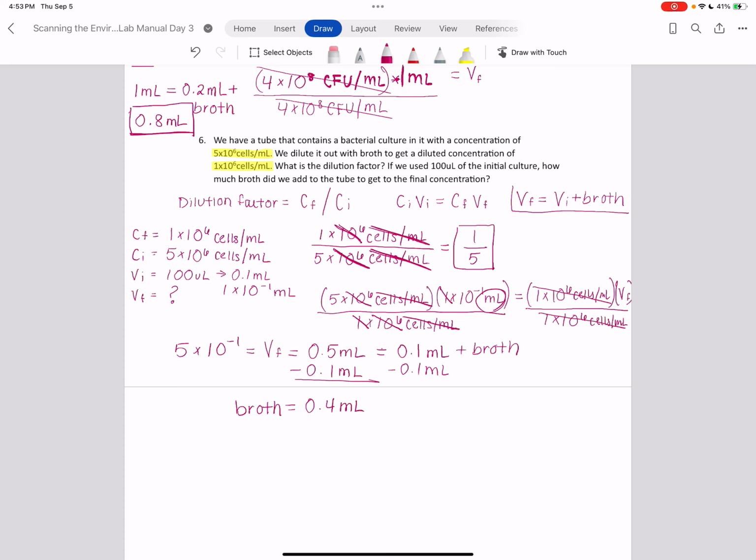Now, if we were to write this, we could also say this was 400 microliters. That would kind of match the wording of the problem that initially gave us that 100 microliters. But either one of these answers would be correct.